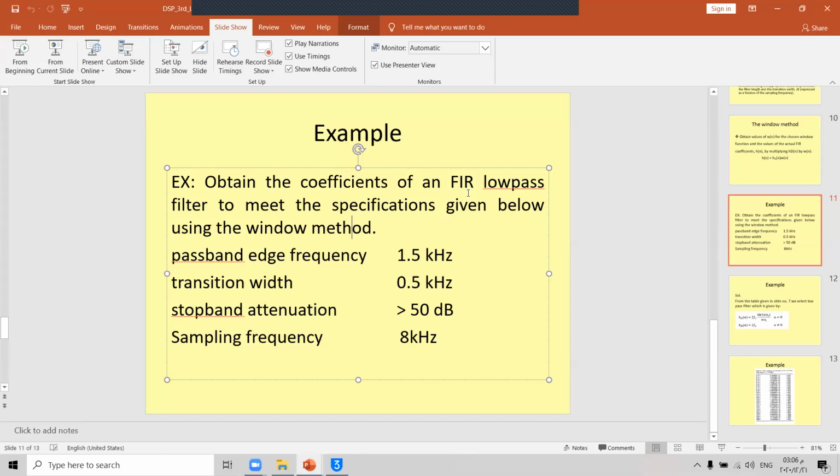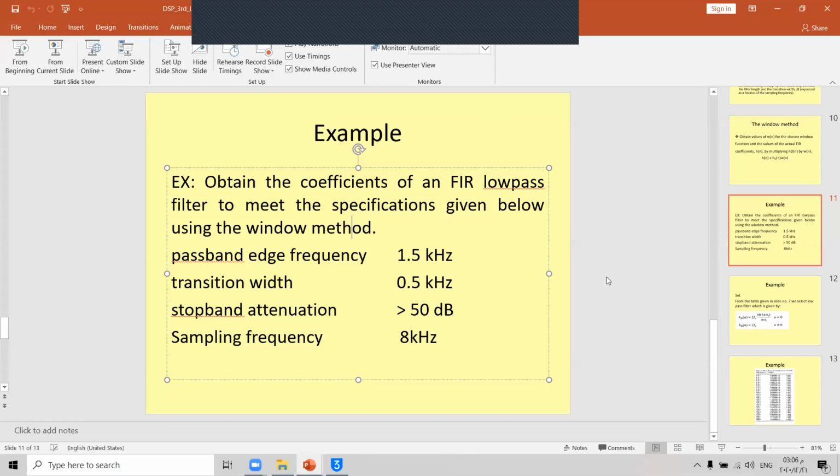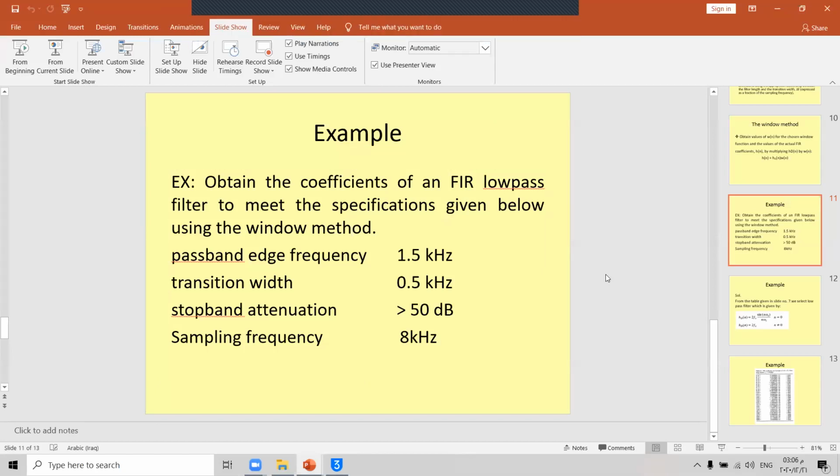Well, in the first hour, we talked about the example of the FIR filter design. We said that we have information about the passband edge frequency, transition width, stop-band attenuation, and sampling frequency.